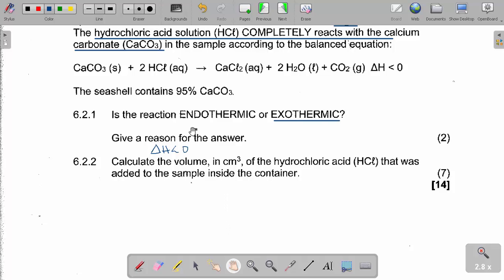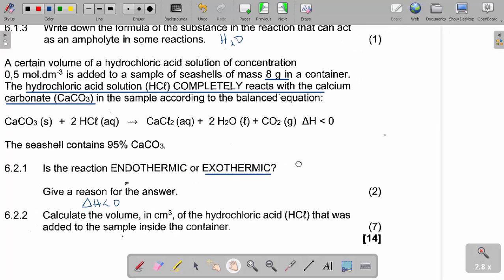I need to first get the mass of calcium carbonate, which is going to be 95%, that's 0.95, times the 8 grams.